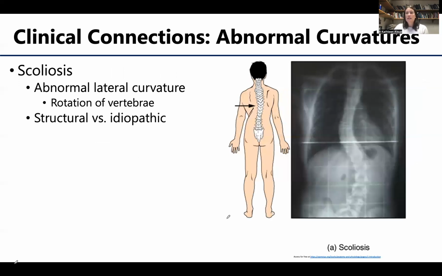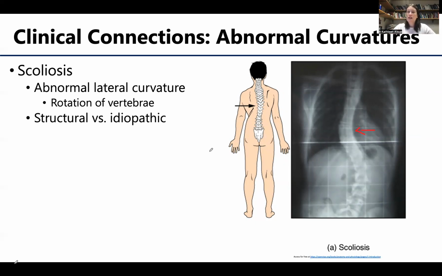Scoliosis is not an overaccentuation of naturally occurring curvatures. This is actually going to be an abnormal lateral curvature. You can see in this particular illustration that the vertebral column is projecting a little too laterally in this region. There are many causes for scoliosis.